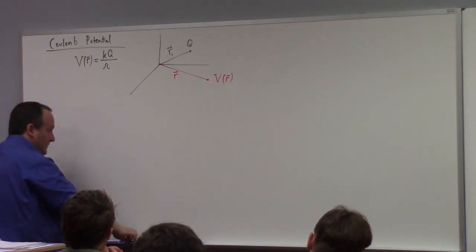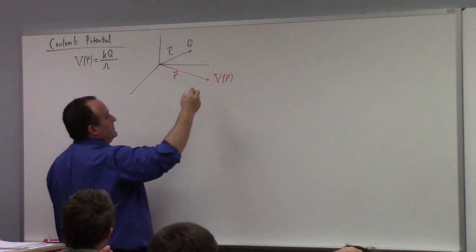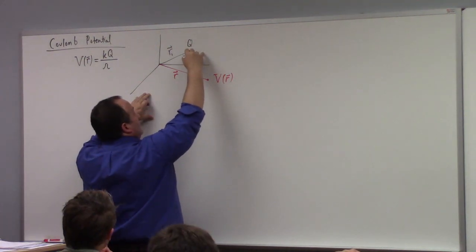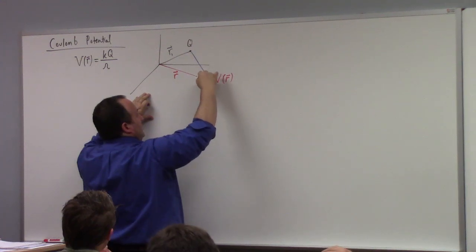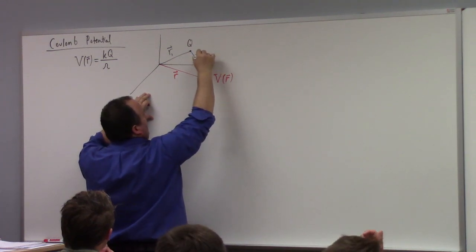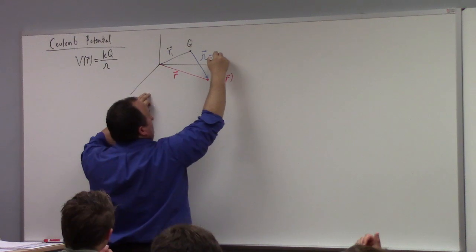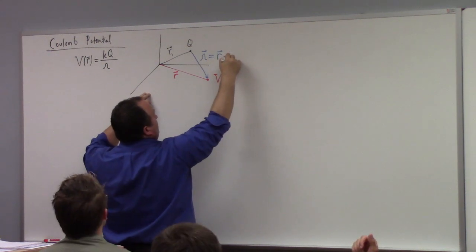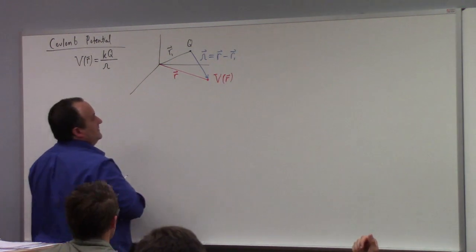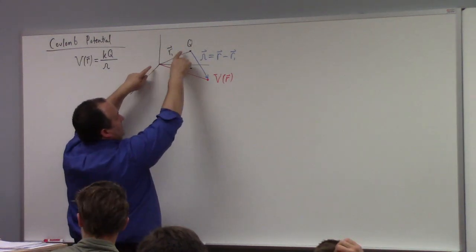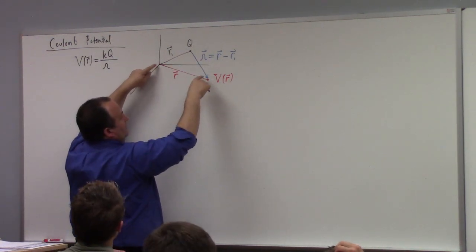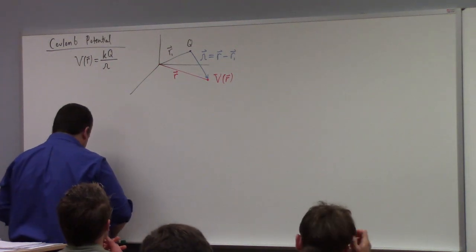And that script R, as usual, is the vector which goes from here to here, right? So the script R vector is R minus R1. Let's see if that makes sense. If I add this plus that, the black vector plus the blue vector, I get the red vector.